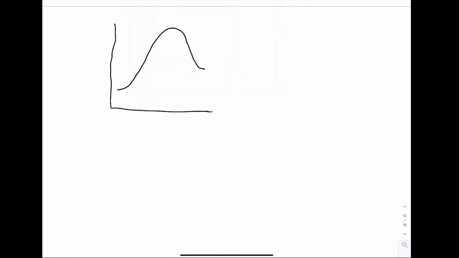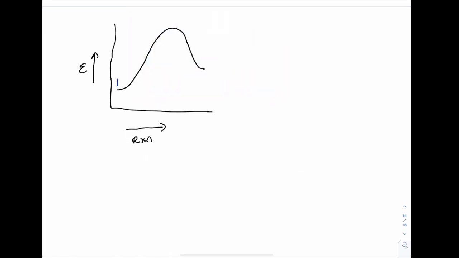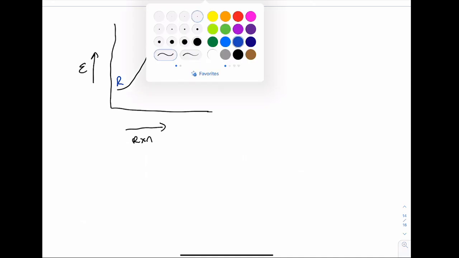So axes first, I do have energy increasing on that axis, and then my reaction is proceeding on this axis. So I'm going from reactants to products, which means I'm starting out with reactants, and I'm ending with products. I said we're going to label transition states and any intermediates. This one does not have an intermediate.